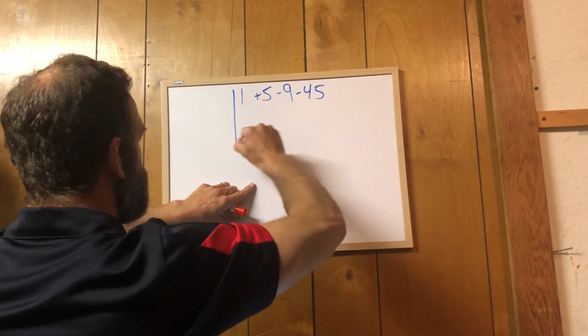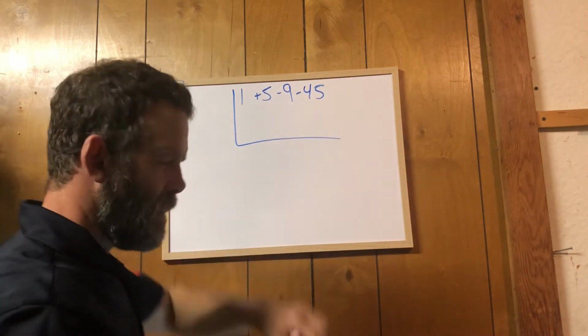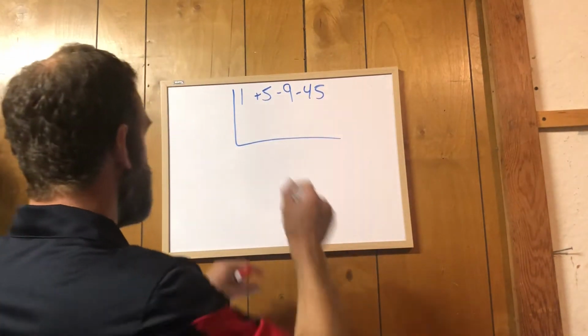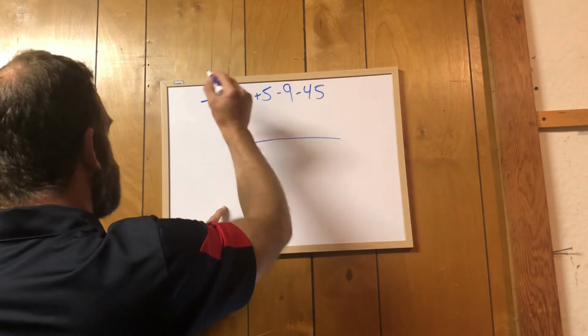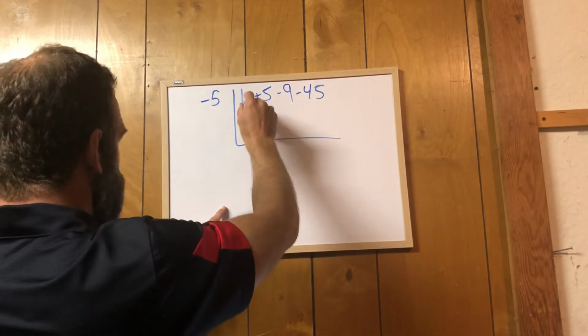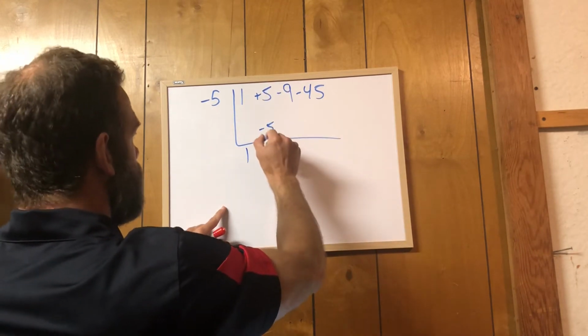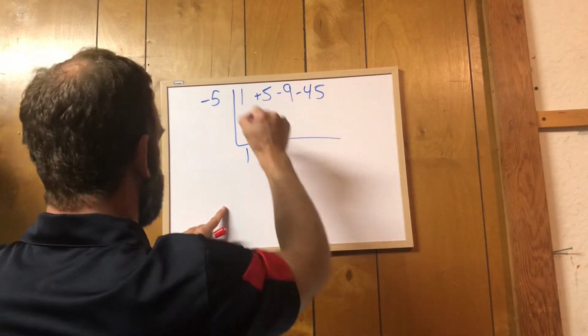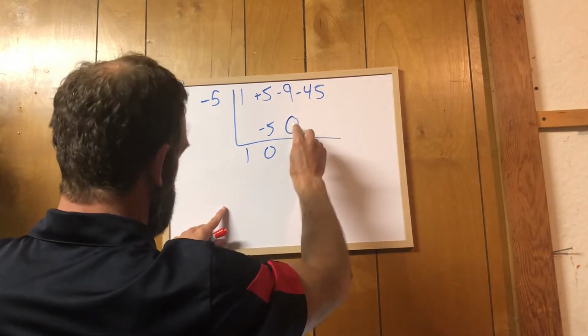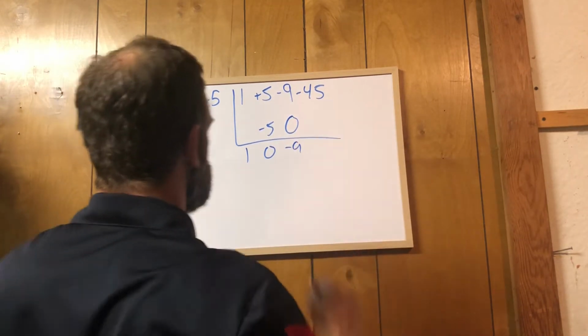And I know that one of the factors is x plus 5. That means the root is negative 5. The first thing I would do is move down this 1. Negative 5 times 1 is negative 5. Negative 5 minus 5 is 0. And now we continue this. Negative 5 times 0 is 0. Negative 9 plus 0 is negative 9. And so on and so on.